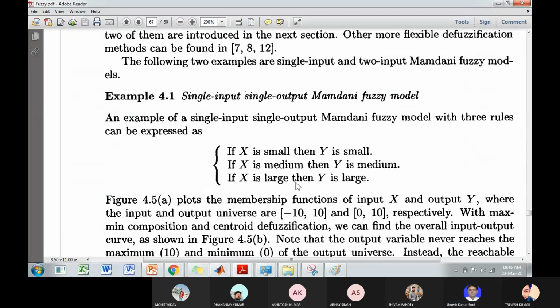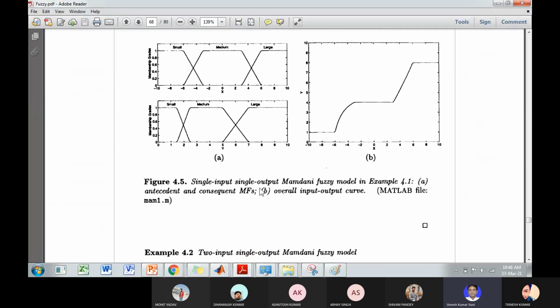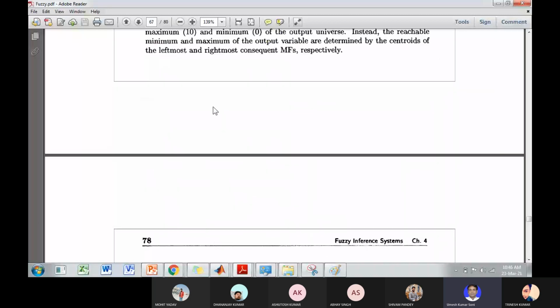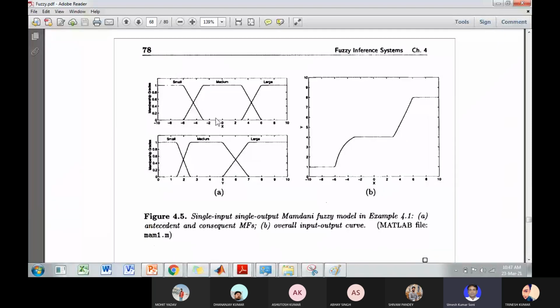Okay, so here you have the consequent and antecedent membership functions. Okay, what are the consequent membership functions? Because you have only one antecedent part of the rule, you have the different membership functions in x.